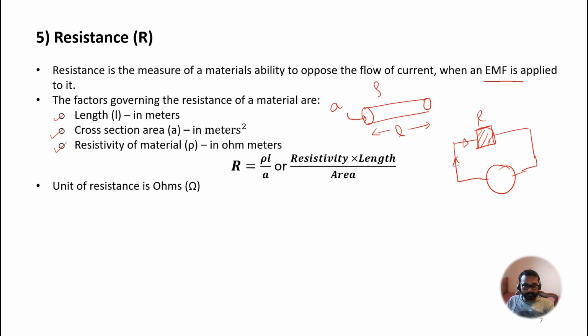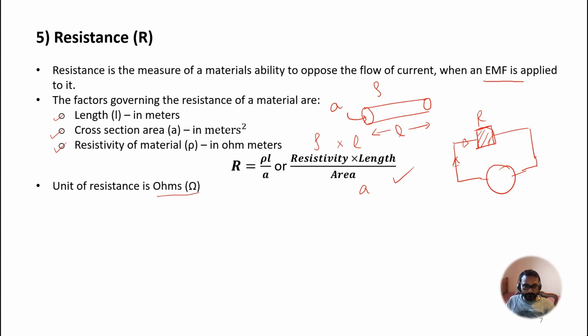Resistivity is represented by this Greek letter here, and the formula for calculating resistance based on these three factors is given over here. Resistance is equal to resistivity rho multiplied by the length L divided by the area. Its unit is ohms.